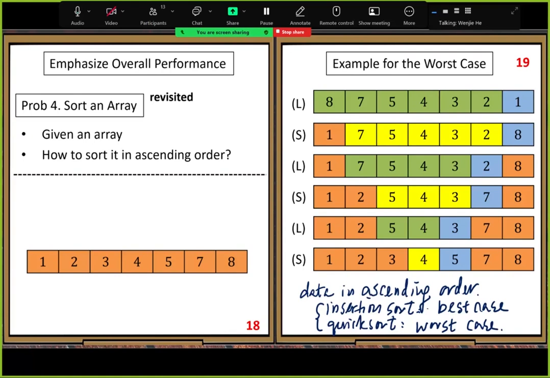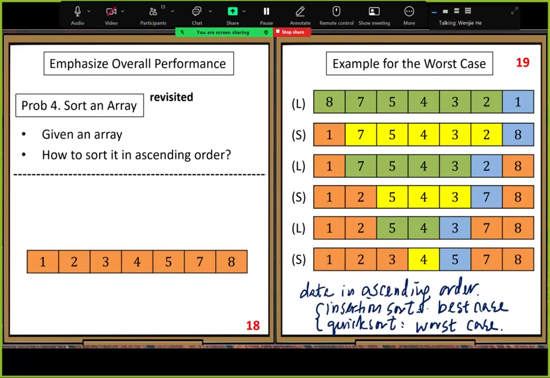But some people, by some kind of intuition, think that if the given array is already sorted, in ascending order, before you apply the sort, then you should get the best case.